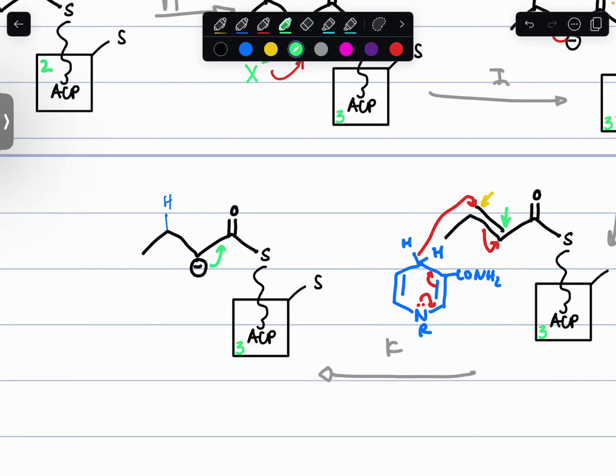This is stabilized with resonance talking to that double bonded oxygen. So that's why the anion will form at that position and not the other position. This anion is going to be neutralized by a proton that's in the solution.